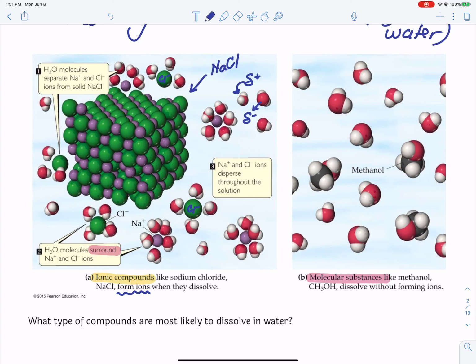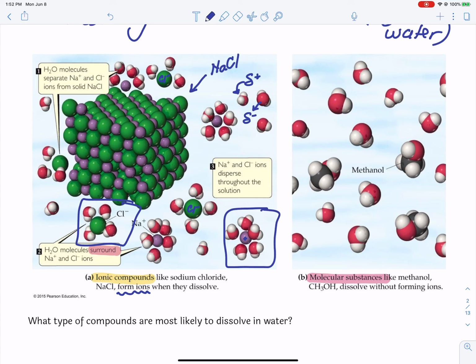So look at right over here, the negative chloride ion. We can see the positive side of water is attracted to it. Coulomb's law, opposites attract. The negative chloride is attracted to the positive side of water. And we see exactly the opposite here, that the positive sodium ion attracts the negative side of water.